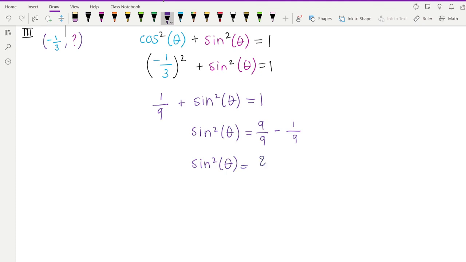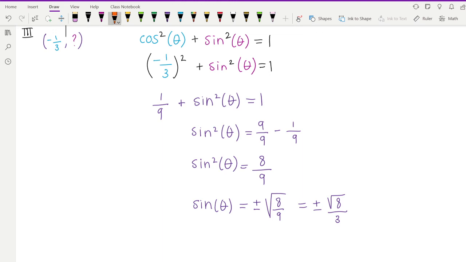is equal to 8/9. And so now we just need to take the square root of both sides and remember that we have a plus or a minus. So we have plus or minus square root of 8/9. So like in our last example, we can clean this up a little bit. We can rewrite this as the square root of 8 over 3, since the square root of 9 is 3.